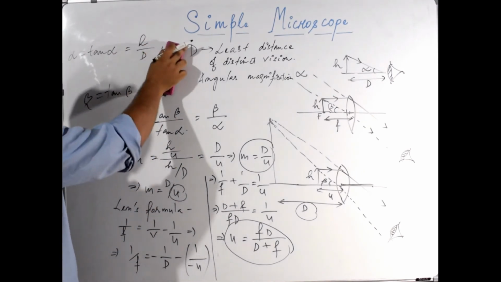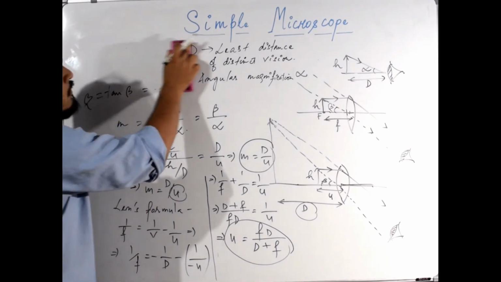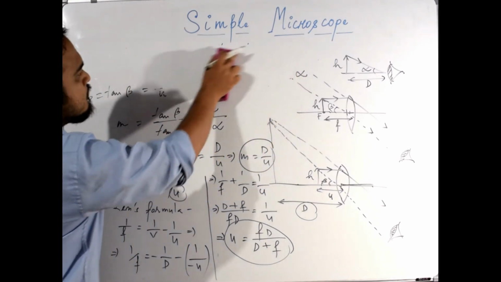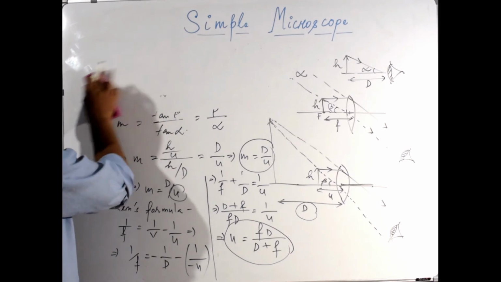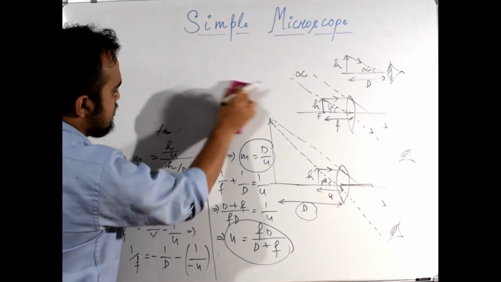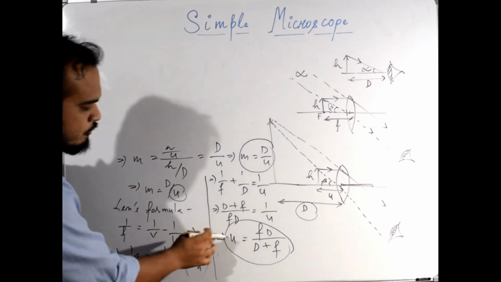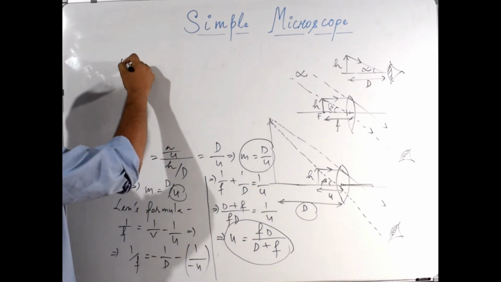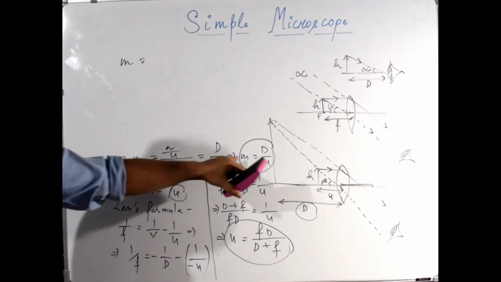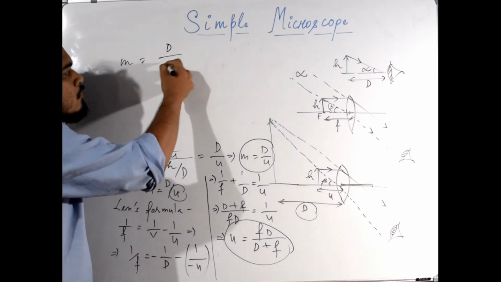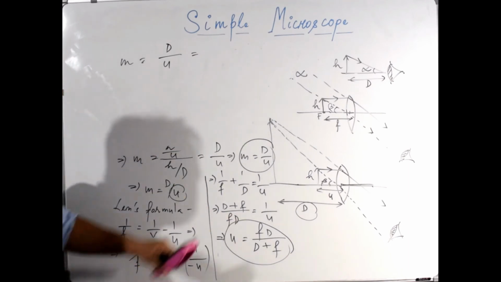So the m value will be equal to d divided by u.